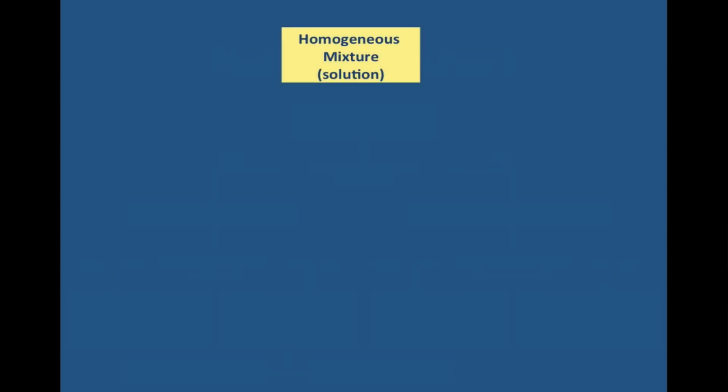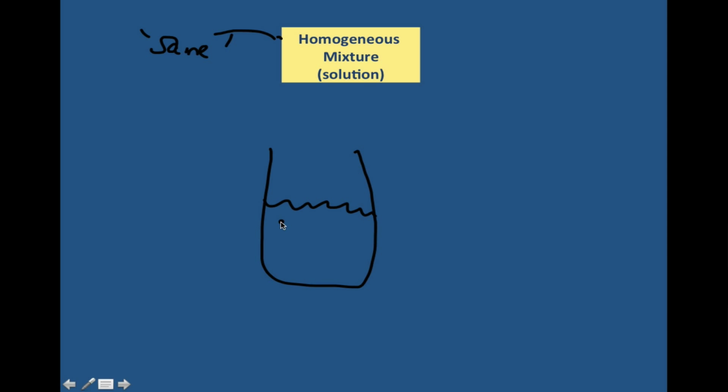All right, so first we're going to start with homogeneous mixtures, and when we talk about the term homo, it actually means the same. So let's take a look at an example of a solution. So here I have a container filled with water, and dissolved in my water I have sugar.